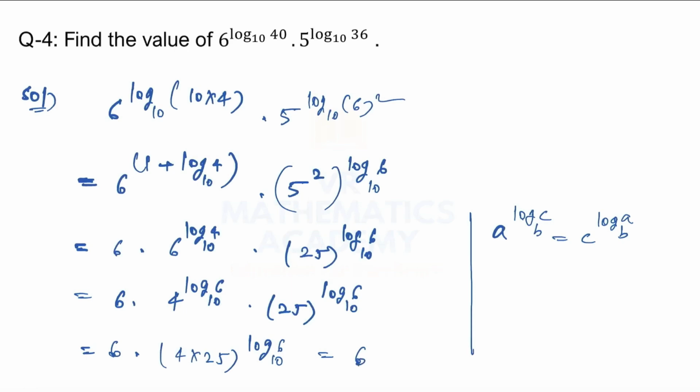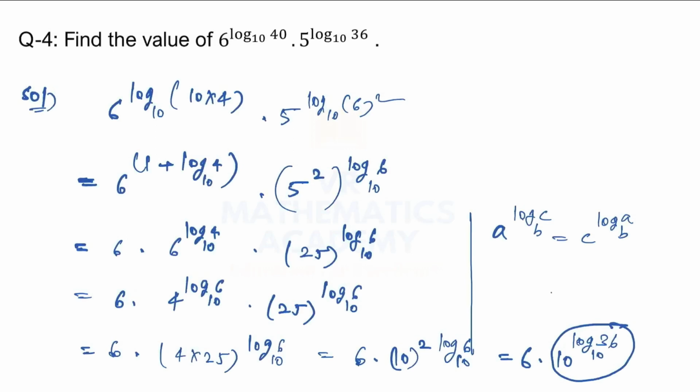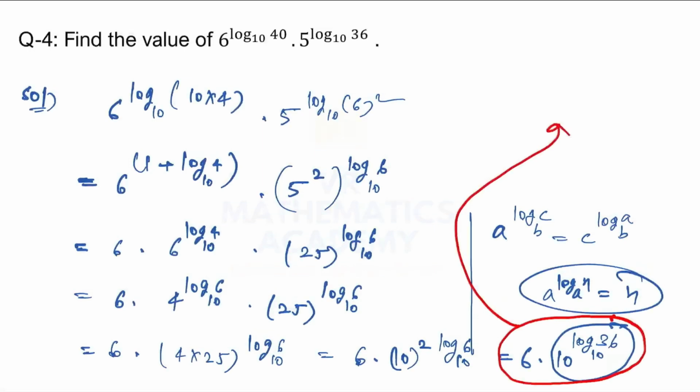So this will be 6 into 100, which can be written as 10 squared, raised to the power log of 6 base 10, or it will be written as 6 into 10 raised to the power log of 36 base 10, because 6 squared is 36. Now in this expression we can apply the property a raised to the power log of n with the same base a will be equal to n. This complete expression can be written as 6 into 36, that is the value will be equal to 216.